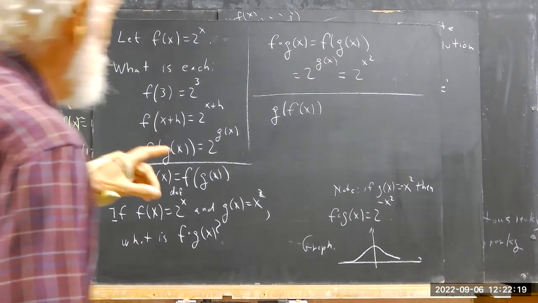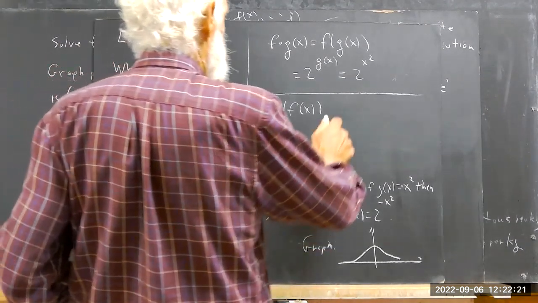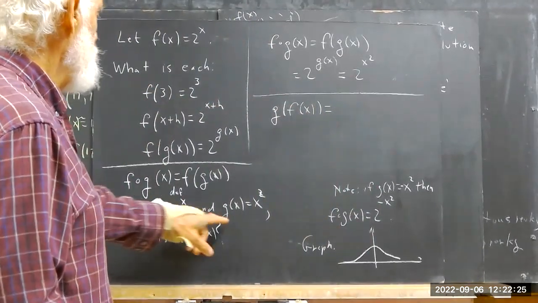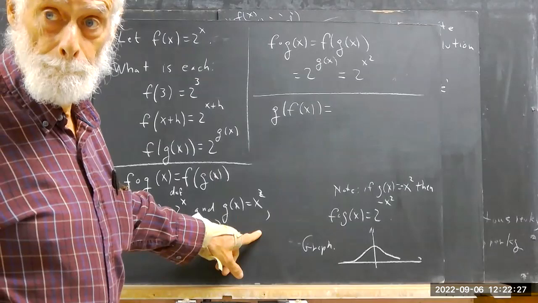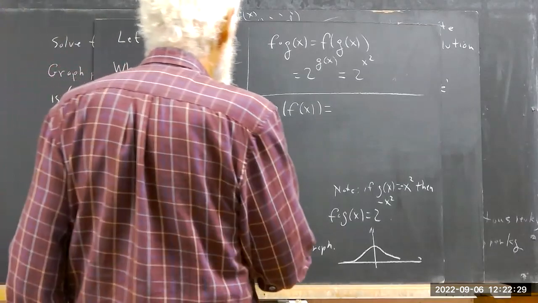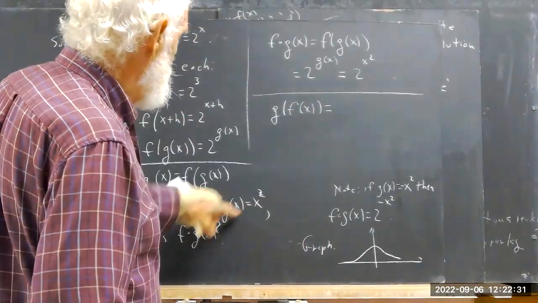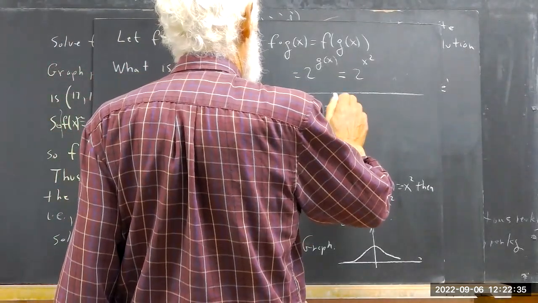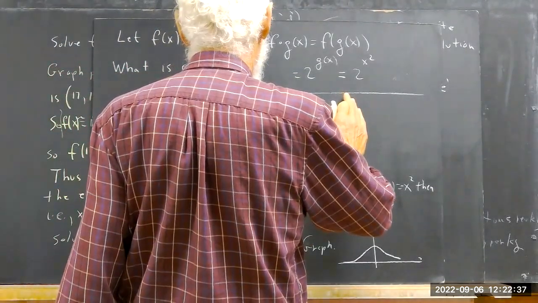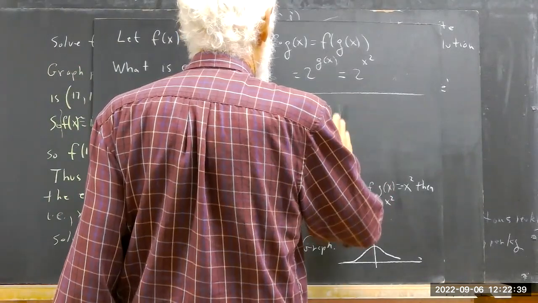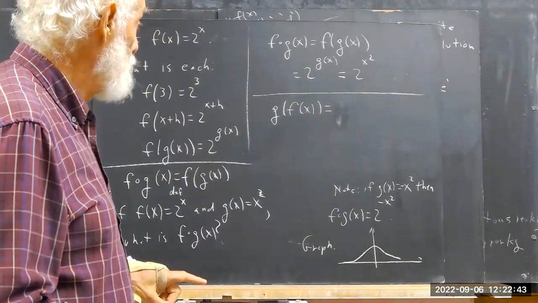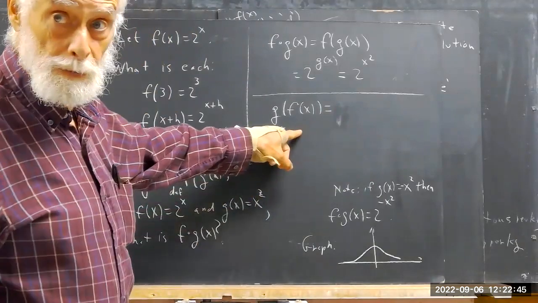Okay, so g of f of x, well, g of x is x squared, right? So for g of f of x, we replace x by f of x.